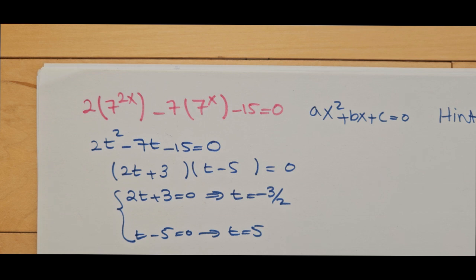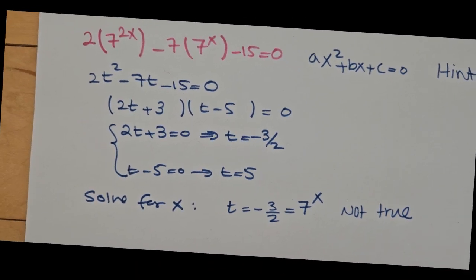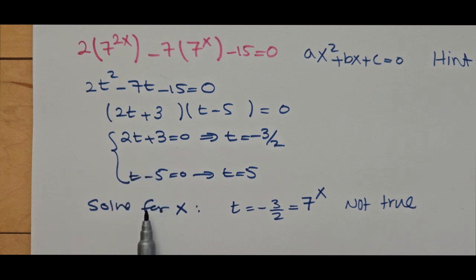If your t is negative 3 over 2, from here we solved for t, now we go and solve for x, because remember the t was the intermediate variable. So t is negative 3 over 2, and remember t is 7 to the power x.